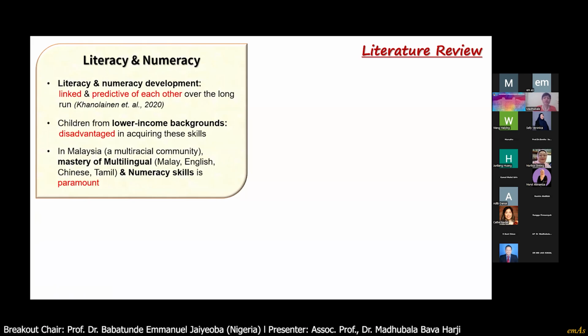And like I mentioned earlier, mastering of the multilingual, which is Malay, English, Chinese, and Tamil, is paramount because the children learn these languages in schools, depending on the school that they attend.